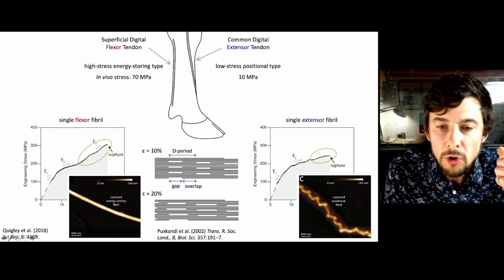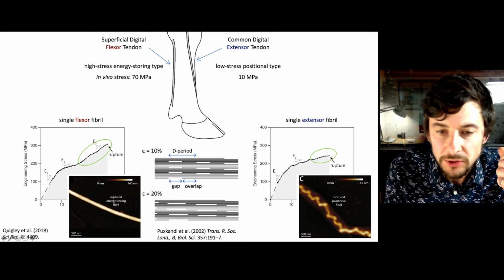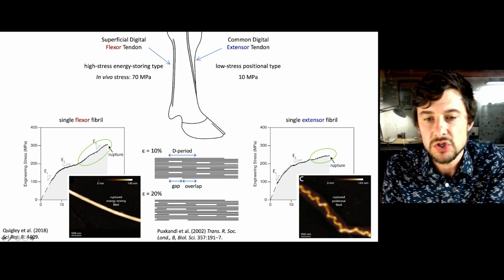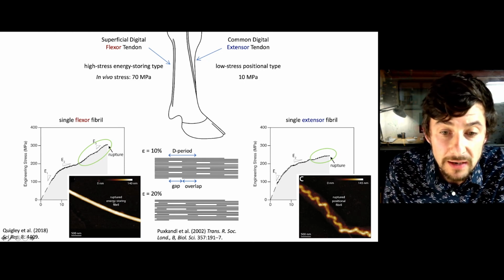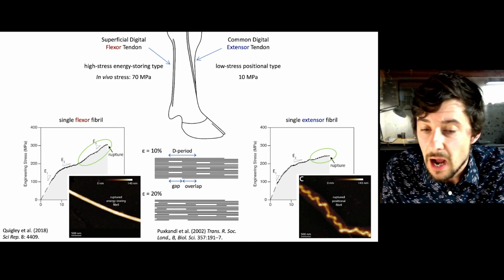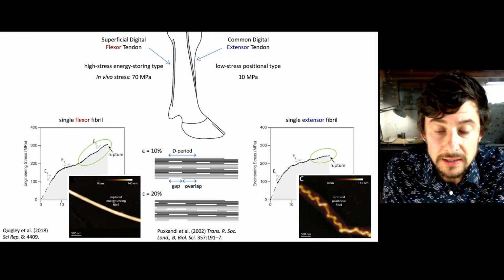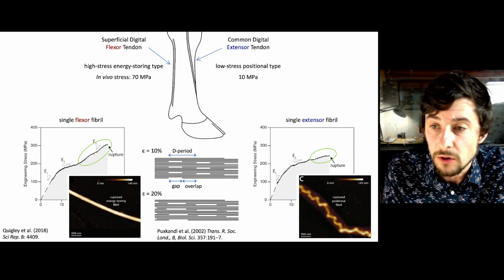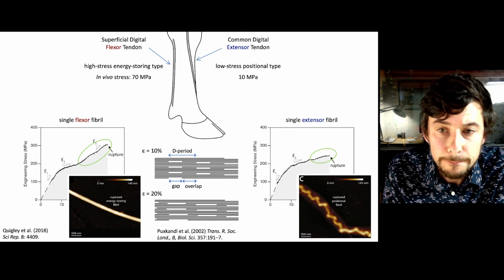Whereas the more mobile molecules in the positional extensor tendon fibrils undergo significant discrete plasticity and the associated production of significant quantities of denatured collagen with that.